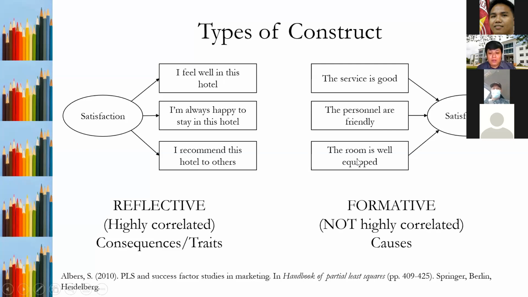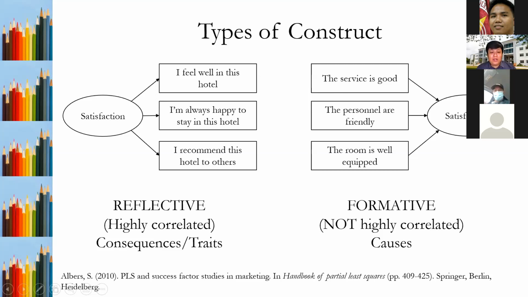Let's assume these are the items to measure satisfaction formatively. The first item is, the service is good. Again we will be using a 5-point Likert scale where 5 means strongly agree and 1 means strongly disagree.